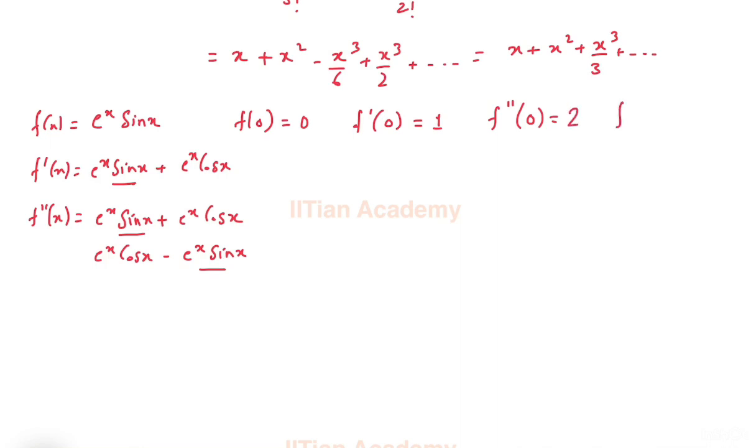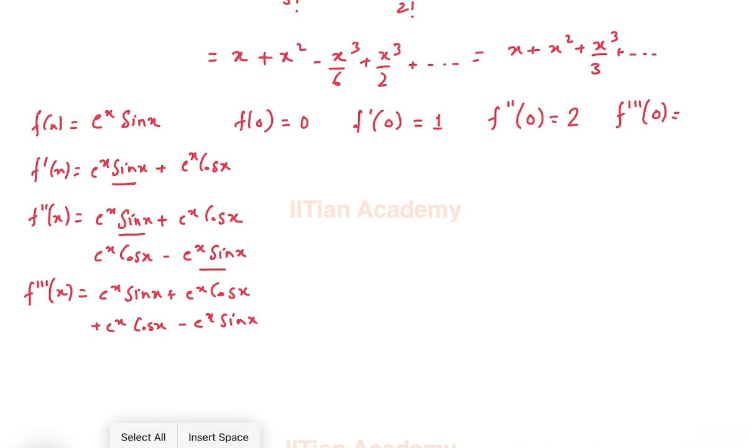And since we have to identify the values up to x to the power 3, we need to identify f triple dash 0 also. So what we get is e raised to the power x sin x plus e raised to the power x cos x, then differentiating this, plus e raised to the power x cos x minus e raised to the power x sin x, then again differentiating this.